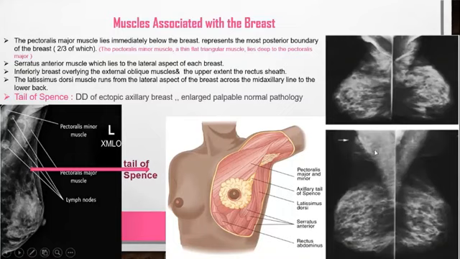And the difference between the two: this is an ectopic breast tissue while this is the tail of Spence. And here on mammography, we're trying to cover it as a whole. Also during breast ultrasound, you have to pass your transducer continuously without interruptions until the breast tissue is completed.